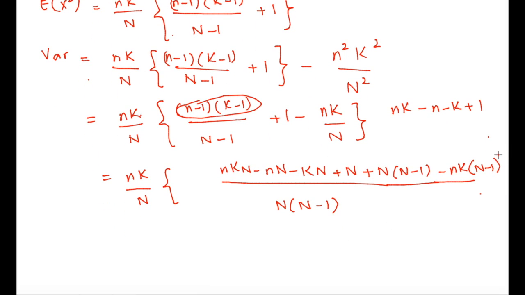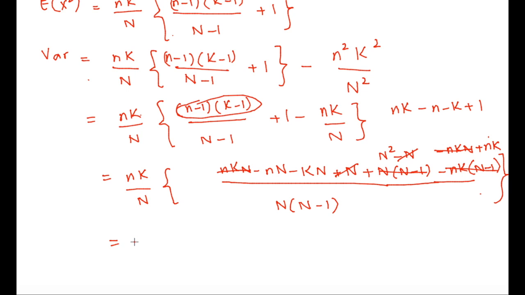Okay, now what can I cancel? This guy is n squared minus n, and this guy is minus nkn plus nk. Correct? Okay, so nkn and minus nkn cancel, then plus n and minus n cancel. So how many terms do I have? I have 4 terms left.